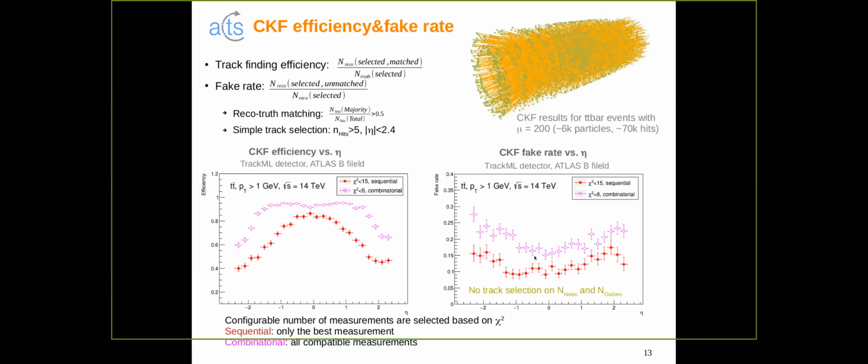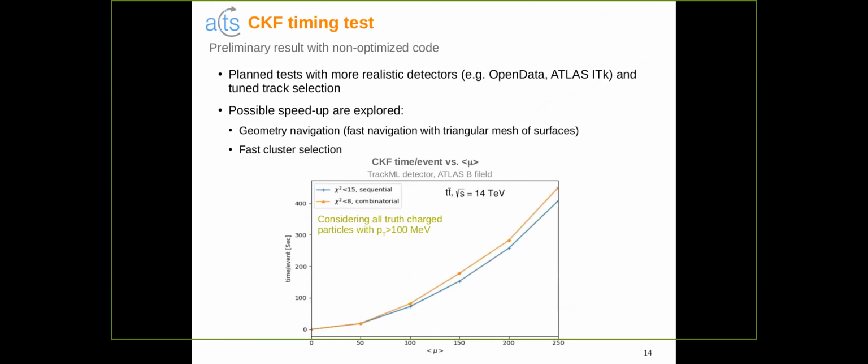Okay. Joe, you have a question? Yeah, I was just going to ask a question on slide 14. I don't know if maybe it's too early to say this, but do you have a sense for how much you think this will speed up by exploring these geometry navigation and faster cluster selection options?